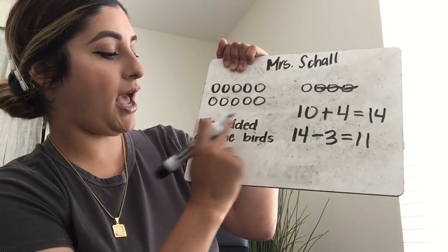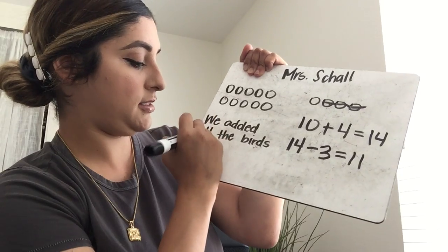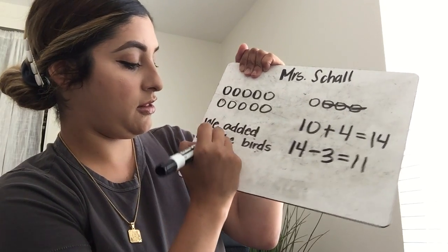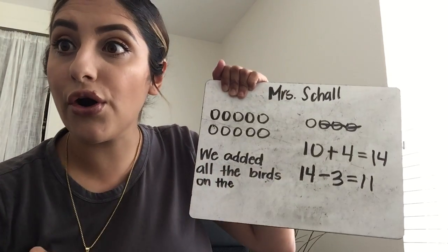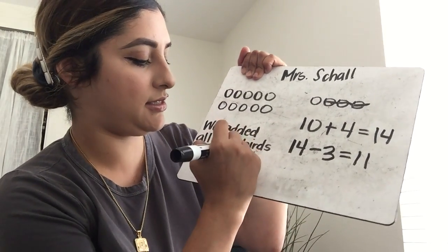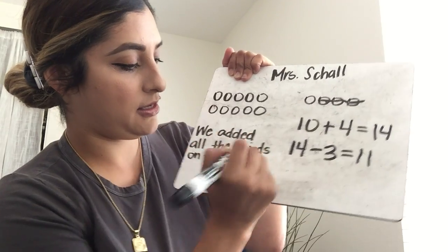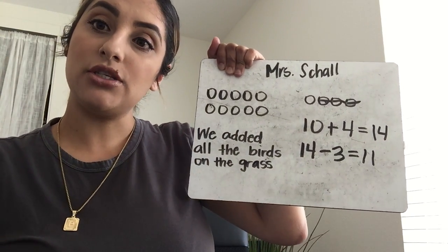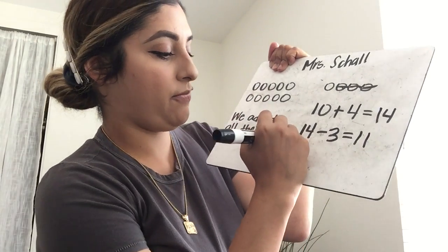We added all the birds on the grass. On, the sight word again. Grass. We added all the birds on the grass, then subtracted 3.